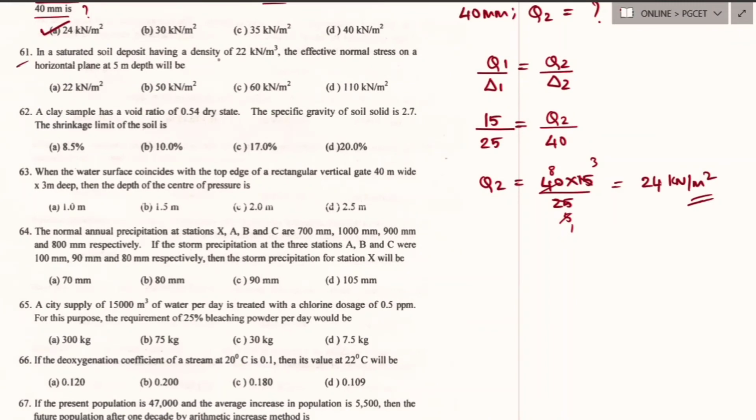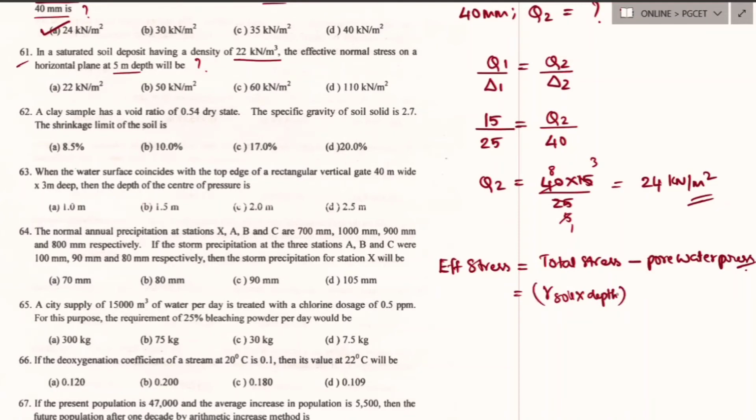Question number 61. In a saturated soil deposit having a density of 22 kN per meter square, the effective normal stress on a horizontal plane at 5 meter depth will be. So, effective stress is given by total stress minus pore water pressure. Total stress is density of soil multiplied by depth, minus density of water gamma W multiplied by depth of the pore water pressure.